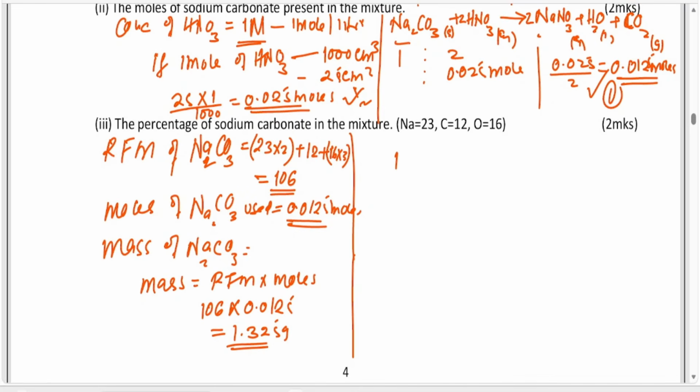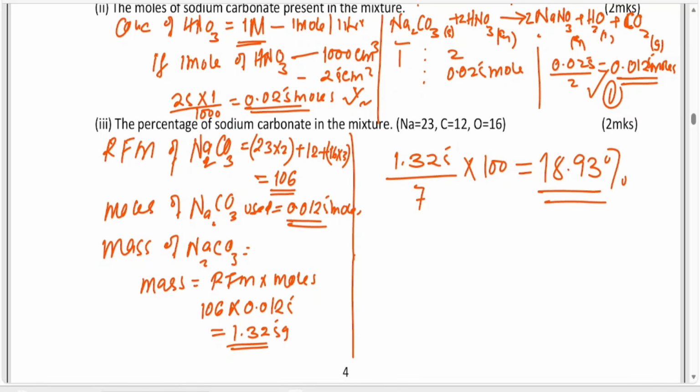I'll take the mass of sodium carbonate that was present in the mixture, then I divide by the total mass of the mixture, then I multiply by 100. When I do the calculation, I'm going to get 18.93%, and that is the correct answer.